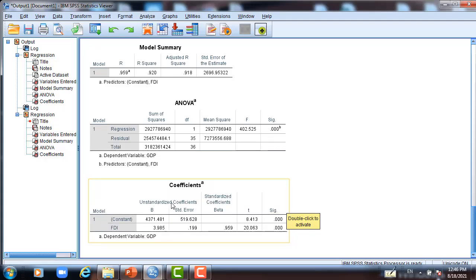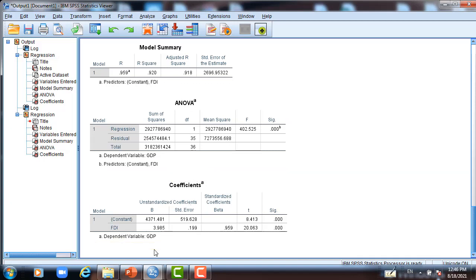By looking at the B column, this one, the coefficient, under the unstandardized coefficients column, we can present the regression equation as follows.